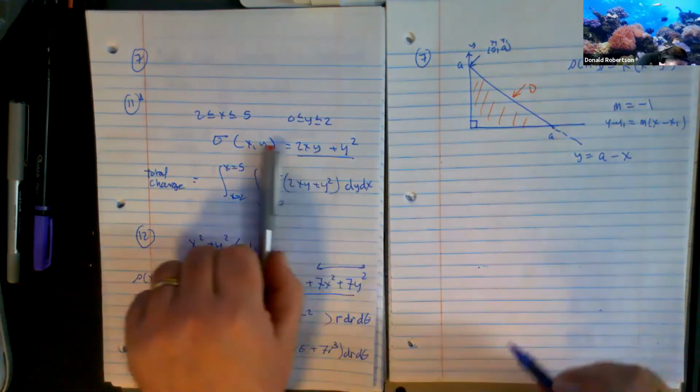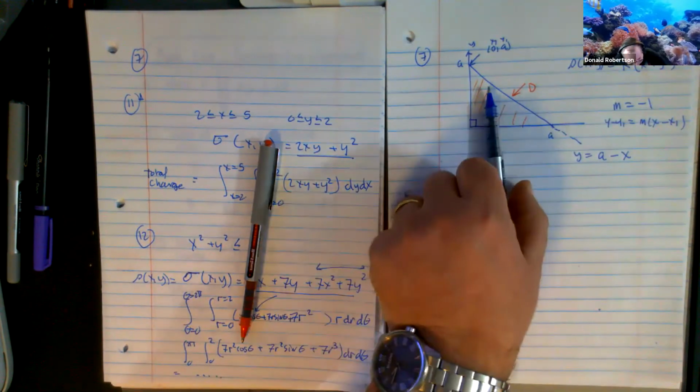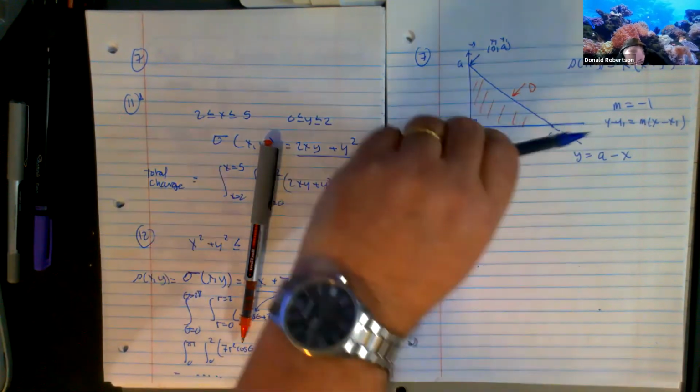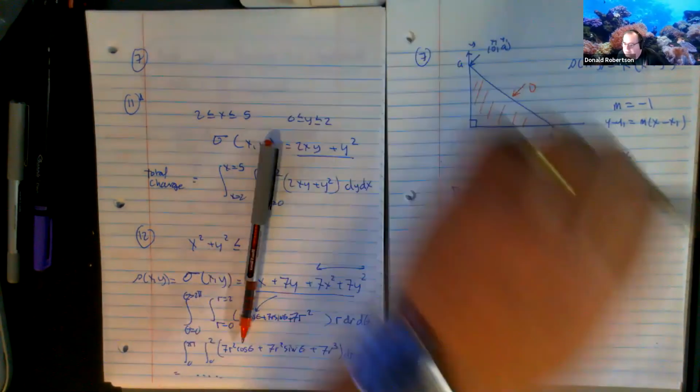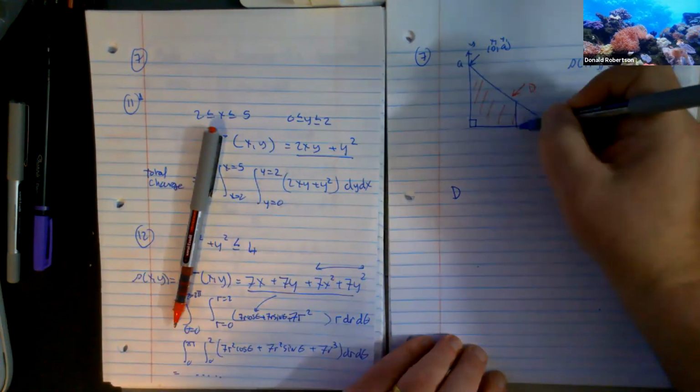Now I need to describe D. Can I do it vertically? Can I do it horizontally? Would you agree both are doable? And so, being a lazy kind of person, I'll do vertical.